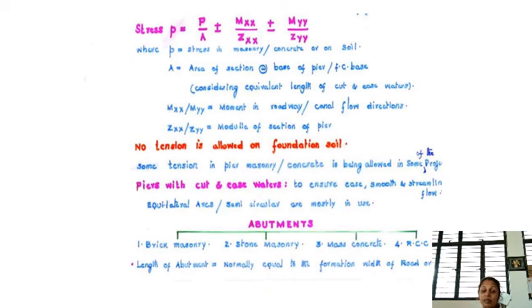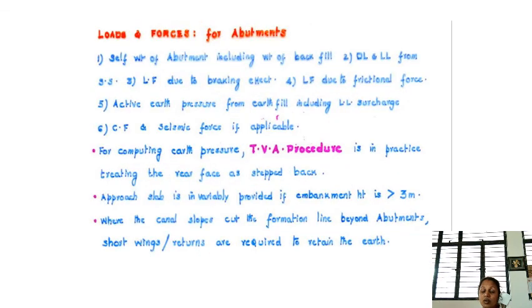Coming to abutments, again abutments can be brick masonry, stone masonry or even complete concrete or RCC. The length of the abutment and all those things have to be considered when you are designing. When calculating the loads and forces for abutments, the self weight, that is the dead load, live load, braking effect, frictional forces, active earth pressure and seismic forces are all applicable.